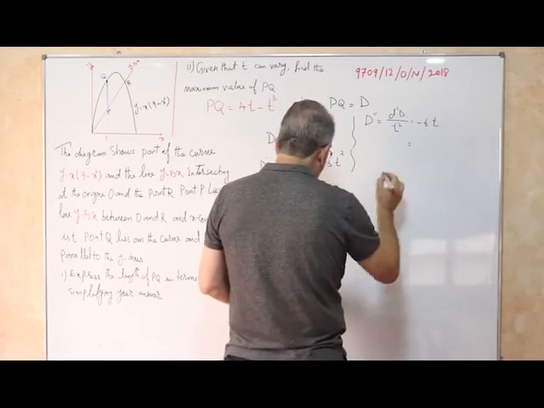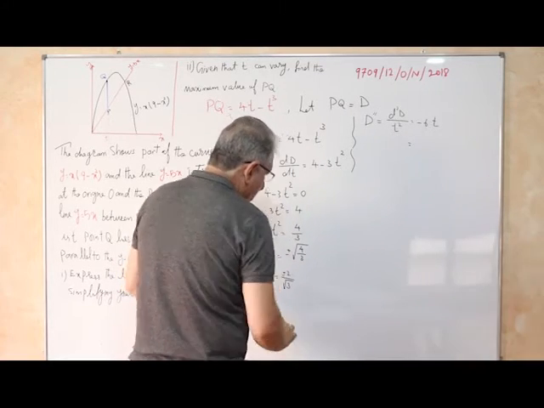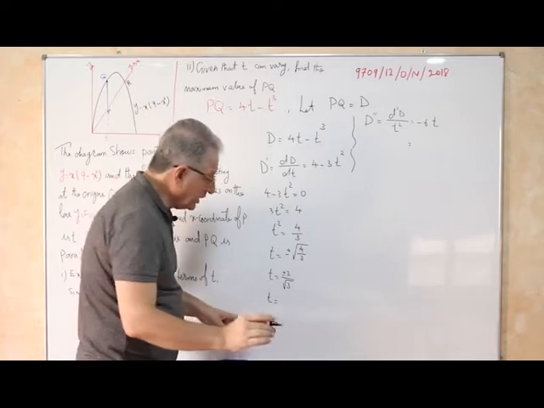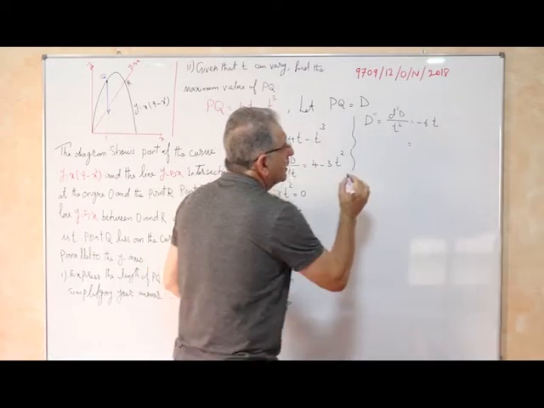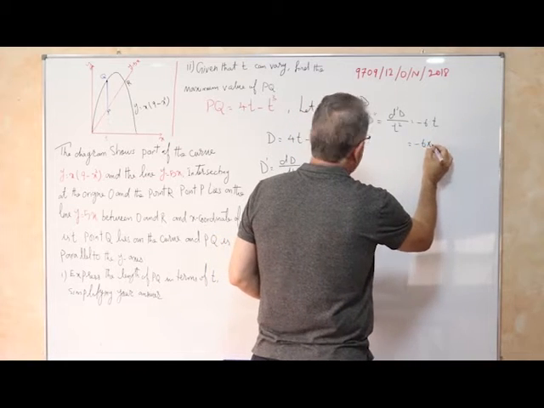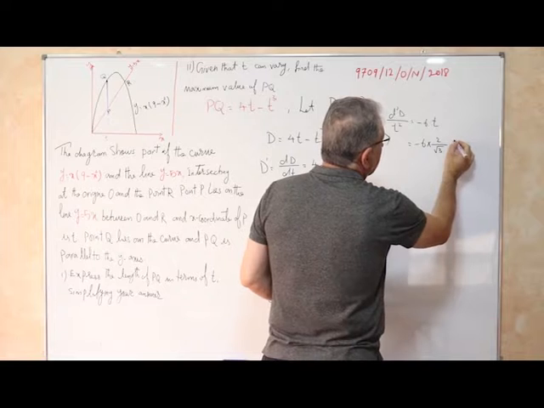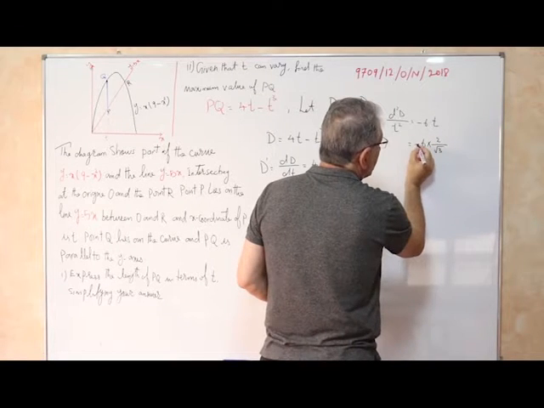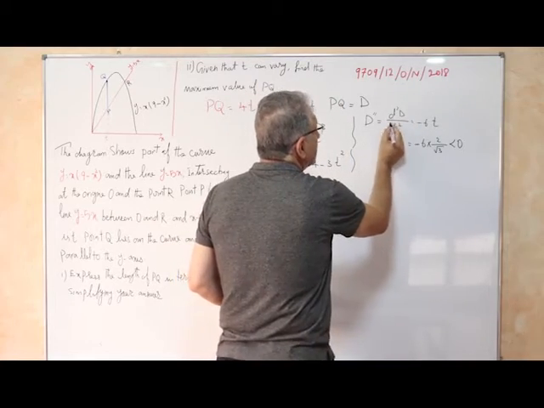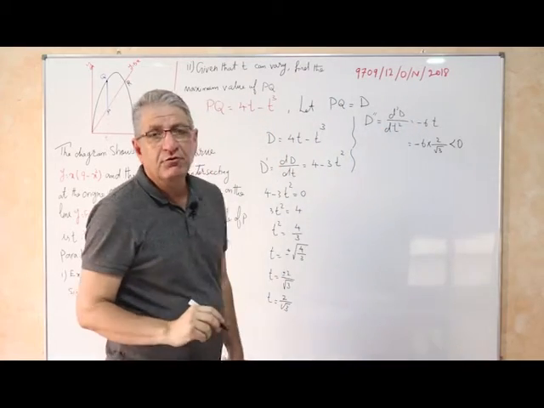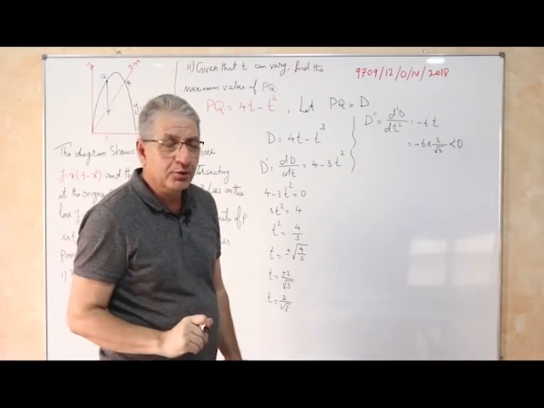If you put the positive value of t here, you get minus 6 times 2 over the square root of 3. I don't care how much the value is, but I want to know the sign. The sign is negative, therefore the second derivative is negative, so the function at this point has the maximum value.